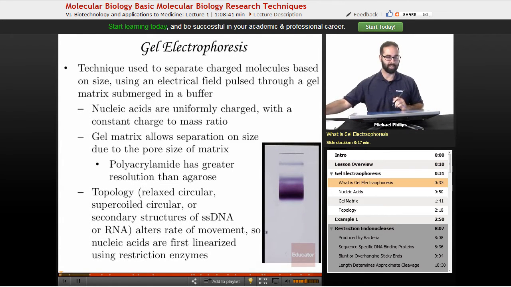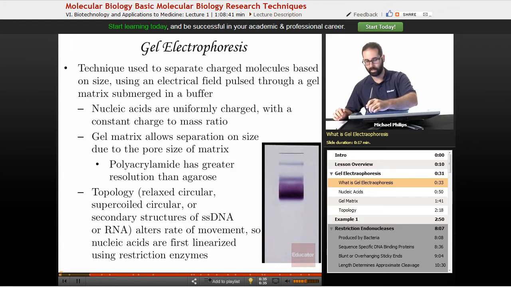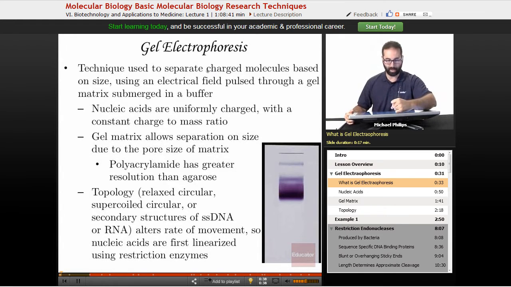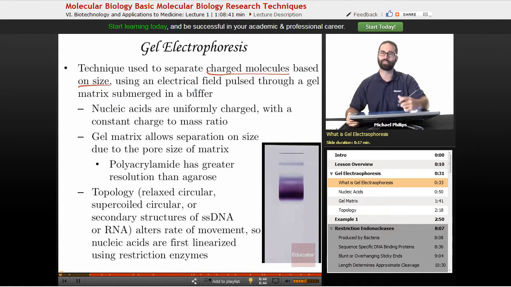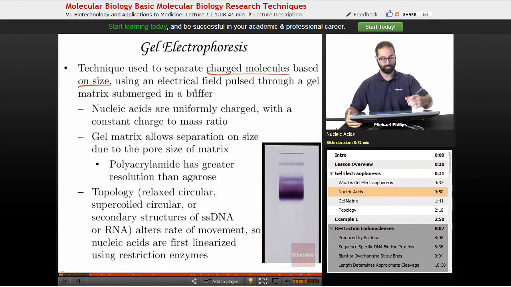Now, gel electrophoresis is a technique that is used to separate charged molecules based only on their size. It does this by using an electrical field that gets pulsed through a gel that's been submerged in a buffer solution. Nucleic acids are an easy one because they're uniformly charged, okay?